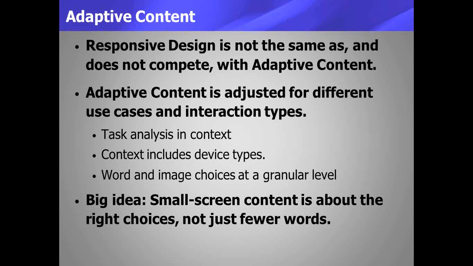And the big idea that I have here is that if you end up having to present information through a small screen window, one of the first impulses with adaptive content is to just remove a lot of content.